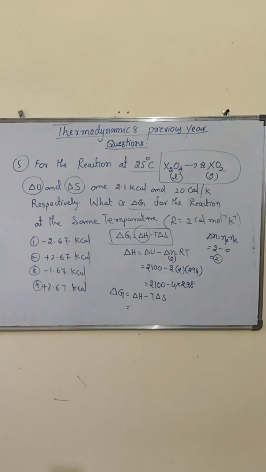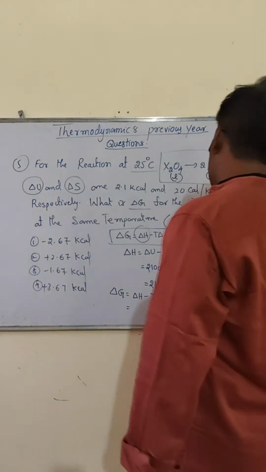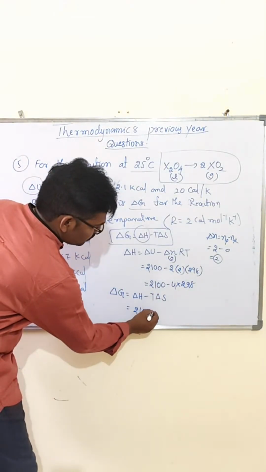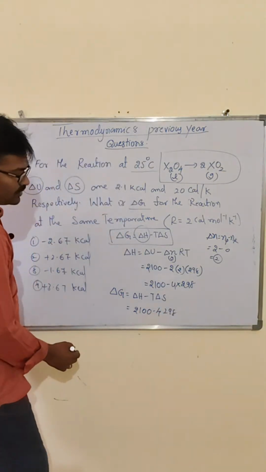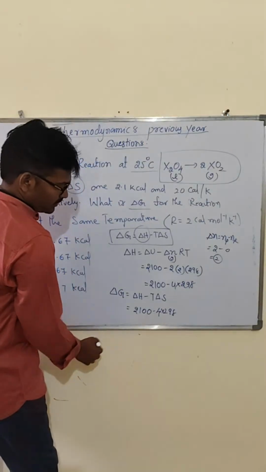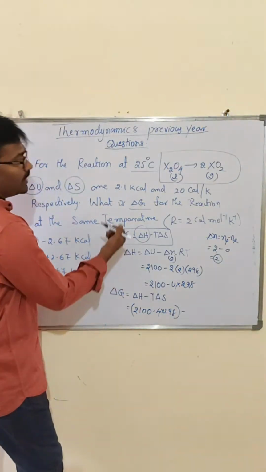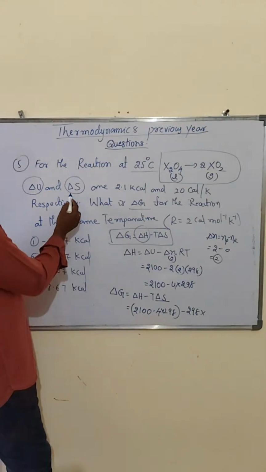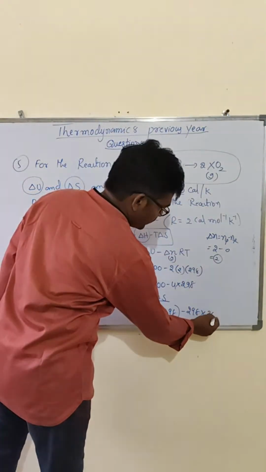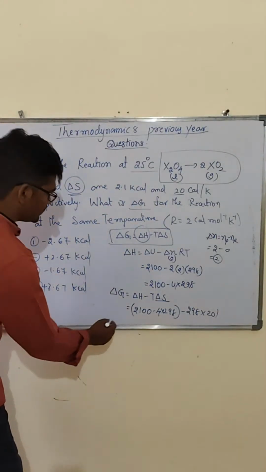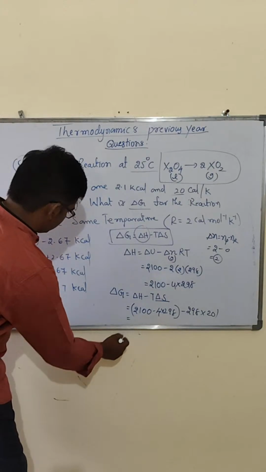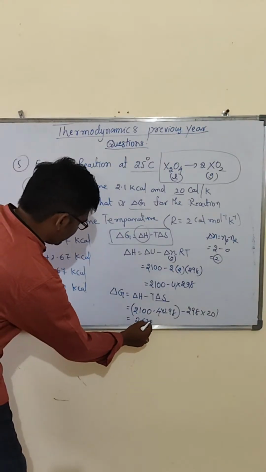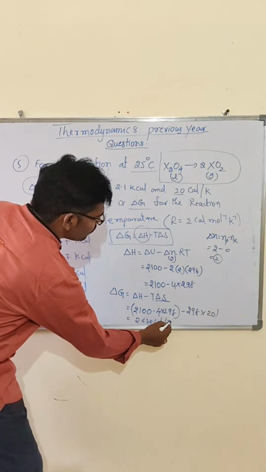Yes, substitute the values all. So delta H value is 2100 minus 4 into 298. Then this is totally delta H minus temperature, again 298 kelvins you have to take, into delta S value. How much is there? Delta S value is 20 calories, multiply with 20. Then final answer you can get, that is 2670 calories per mole.